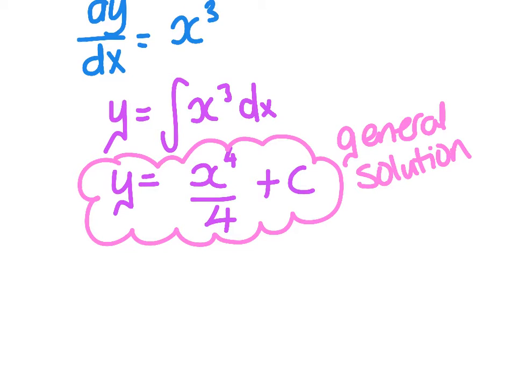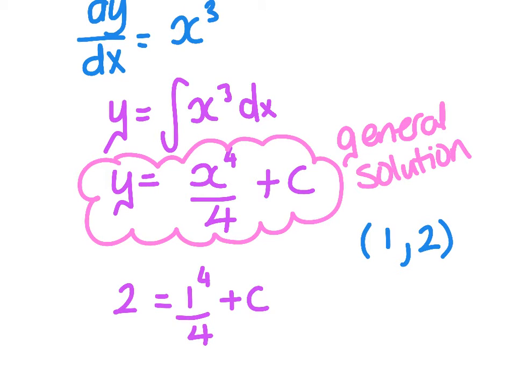For example, if we were told here that when x was 1, y was 2, I could use that information to work out c. I'm substituting the 2 and 1 into my general solution, and I'm going to solve it for c.